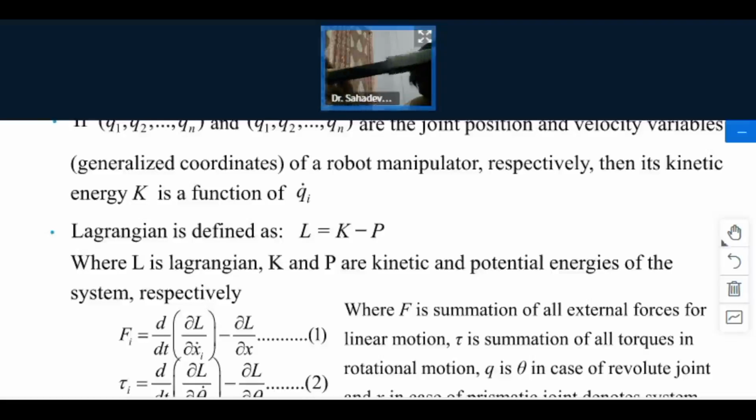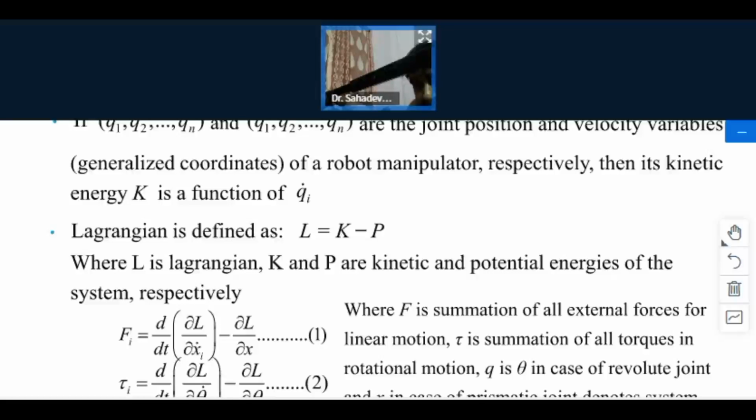So this sliding motion is a prismatic joint. An example of a prismatic joint you may have seen is in your trolley bag. In a trolley bag, this is also a prismatic joint.